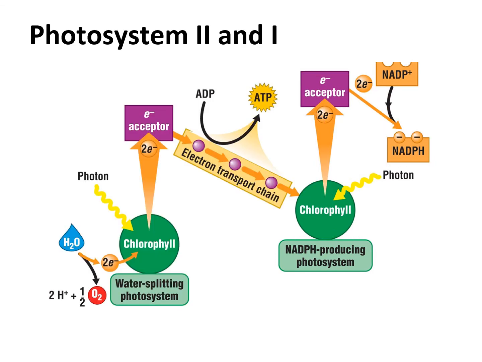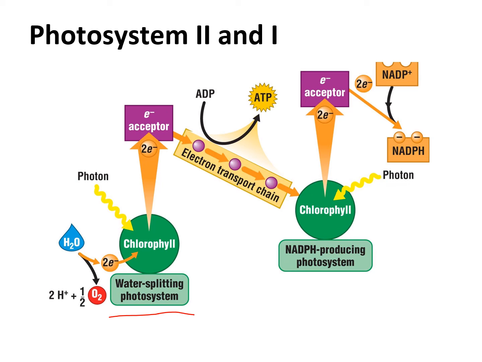I went through photosystem 2 and photosystem 1 individually, and now I want to put these two processes together to show you how the light reactions take light energy and convert it into chemical energy in the form of ATP and NADPH. So the first photosystem is photosystem 2, the first photosystem in the process, the water splitting photosystem.